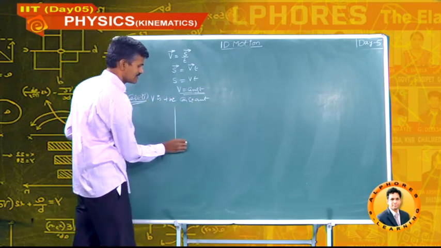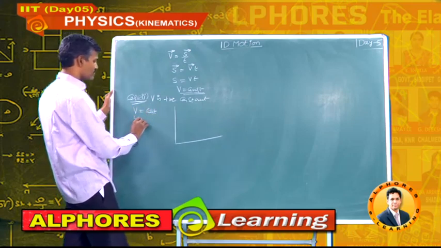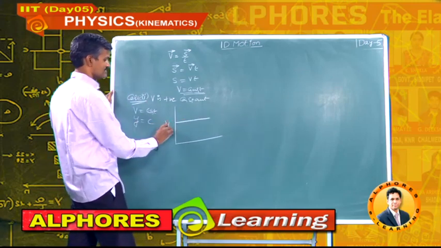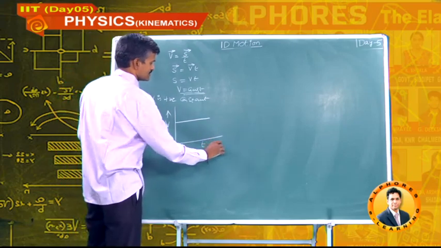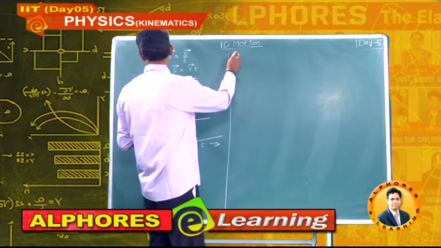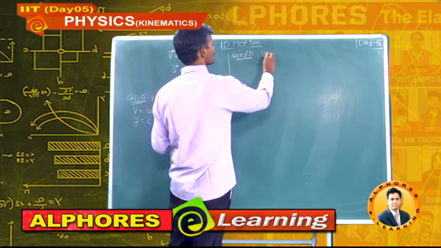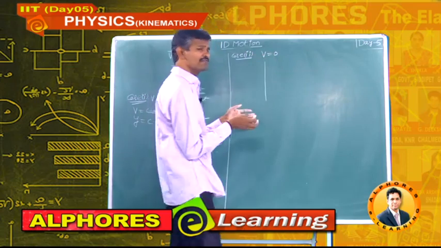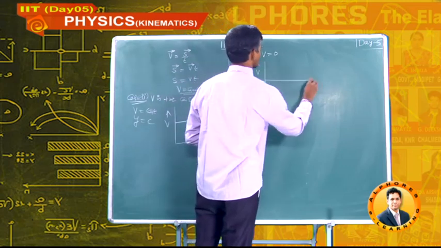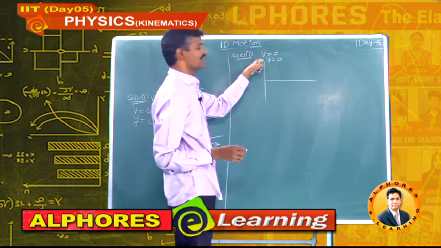Then how to write the velocity time graph? This velocity is constant, that is y equal to constant. This is the graph, this is velocity and this is time. What happened if V is 0? Then case 2. If V is equal to 0, then it means body will be at rest. Then this velocity time graph is just like y equal to 0.